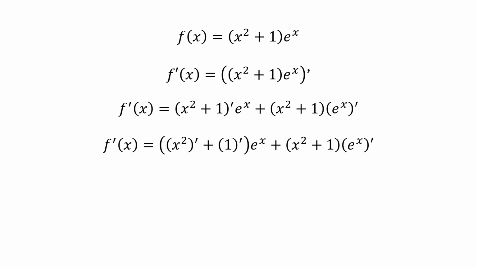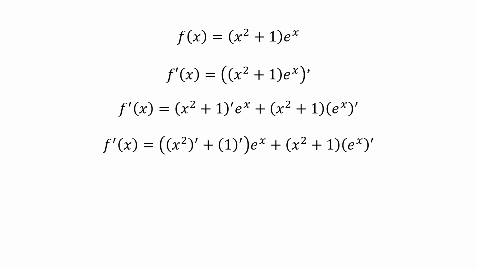To differentiate x squared, we apply the power rule to obtain 2x. By the constant rule, the derivative of a constant is 0. And since 1 is a constant, its derivative is 0.